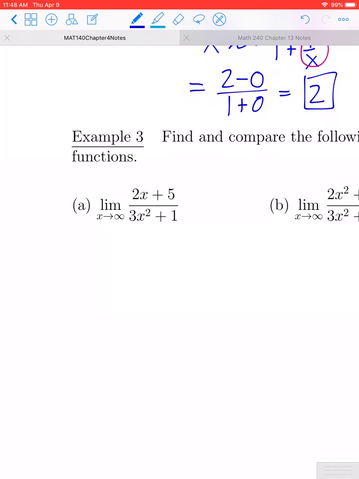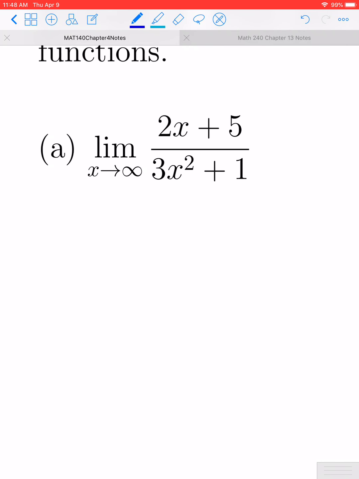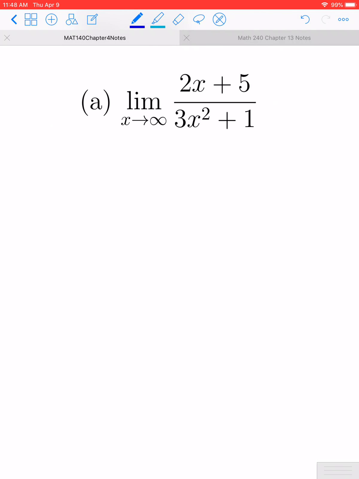Let's take a look at example 3, part A. We want to find the limit as x approaches infinity of another rational function. We're going to do the same thing. Let's divide every term in the numerator and denominator by the dominant term. The highest power of x that appears in any one of these expressions is this x to the second power.